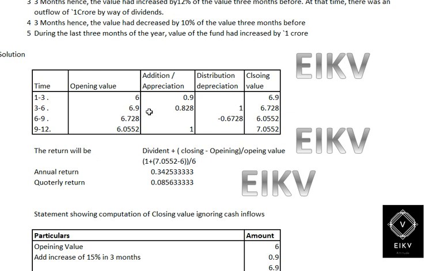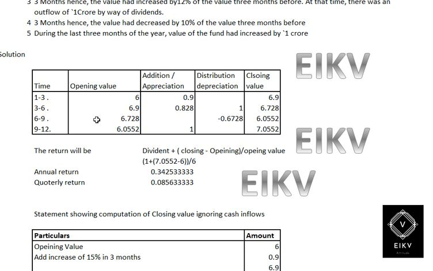There would be appreciation of 12 percentage. 6.9 into 12 percentage will give you 0.828, and then there is a dividend distribution of 1 crore.